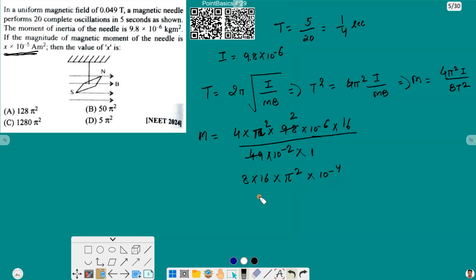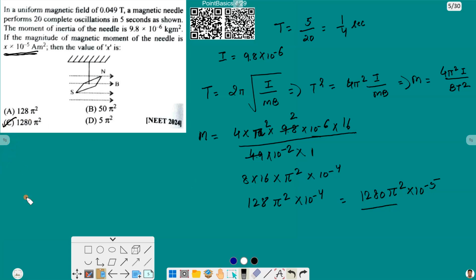So it is 128 pi square 10 raised to power minus 4, and we have to find in the form of 10 raised to power minus 5, so we can write it 128 pi square into 10 raised to power minus 4. So this will be the answer here. So option C is the right answer.